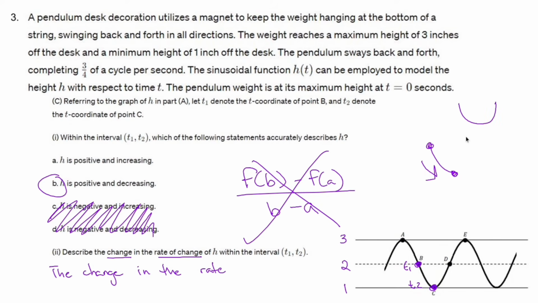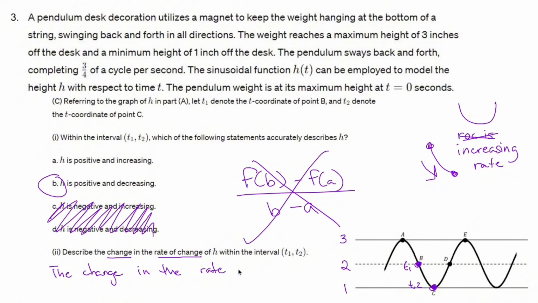Concave up means the rate of change is increasing. Probably terrible English there. Decreasing at an increasing rate. Okay, so increasing rate. What this is doing is this is decreasing.